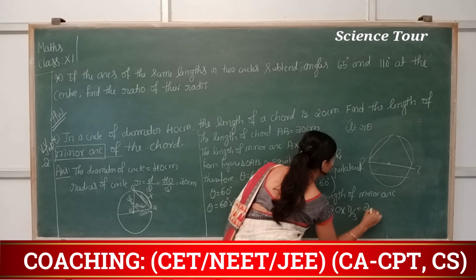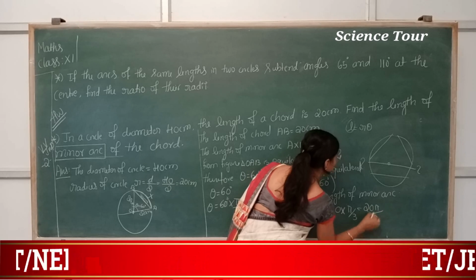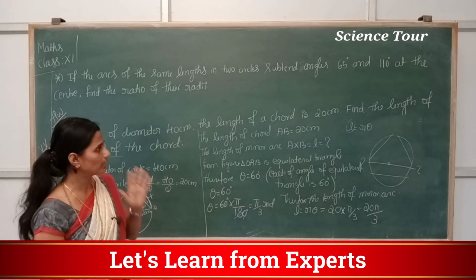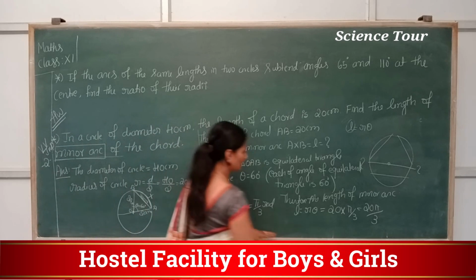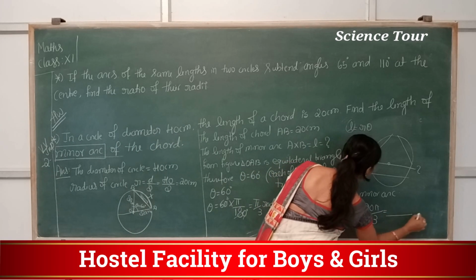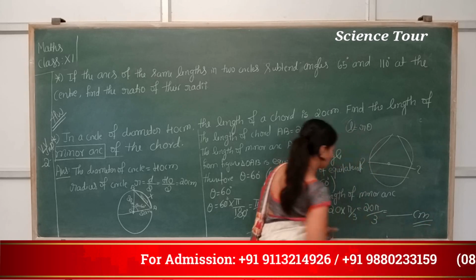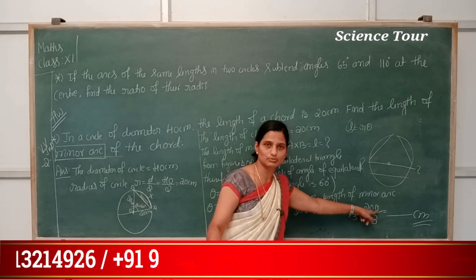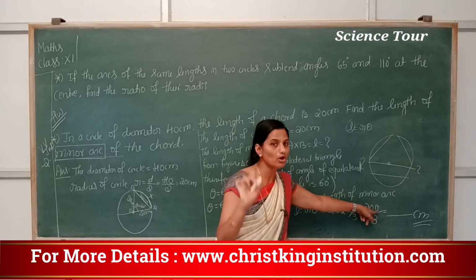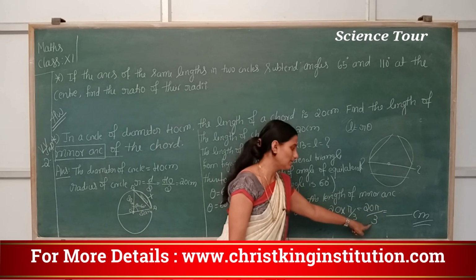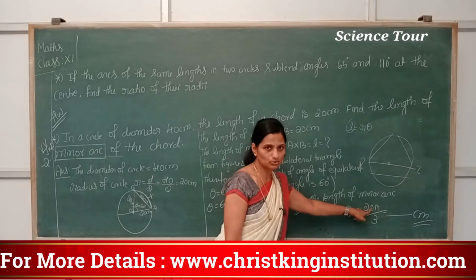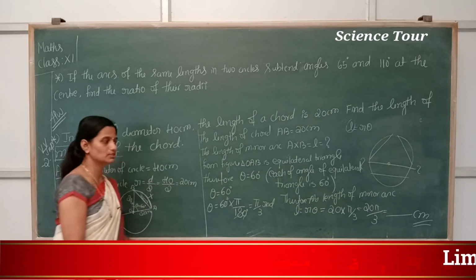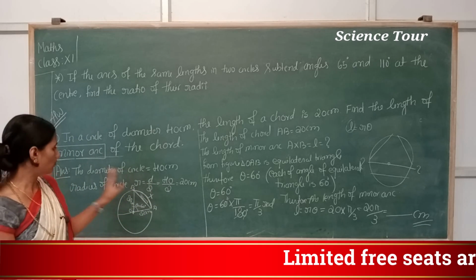So it is 20 pi by 3. Substitute pi as 3.14 or 22 by 7 and get your answer in centimeter. Use a calculator to simplify this and get your answer. That is homework. That is the length of the minor arc in centimeter.